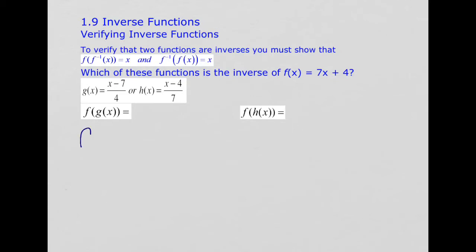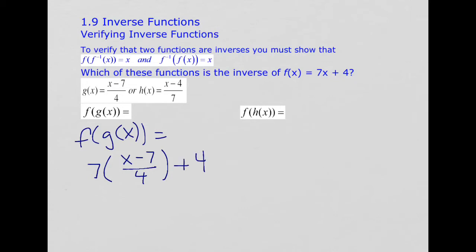And we're going to do f of g of x. So that's f of g of x is equal to 7, using my f of x function and plugging in my g of x function, x minus 7 over 4, plus 4.